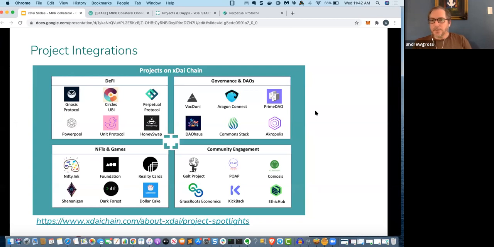HoneySwap is a Uniswap fork on xDAI right now that's receiving some traction just because trades are pennies versus tens of dollars or more. And again, we've seen governance applications, NFTs, games, communities, so kind of a wide range of different types of applications coming to xDAI.